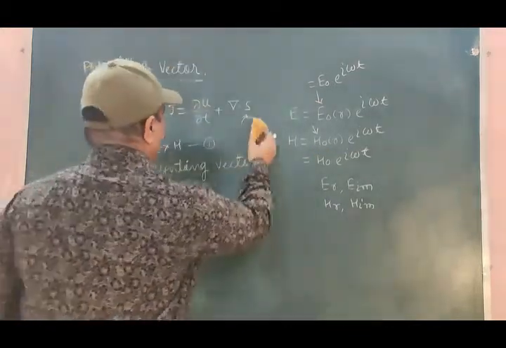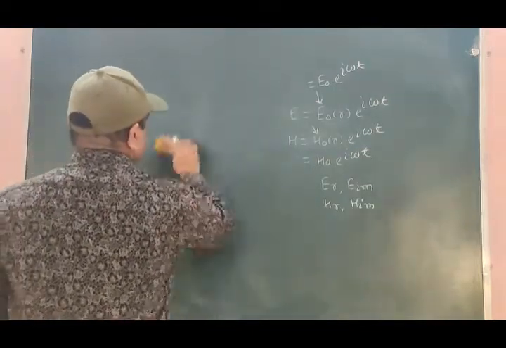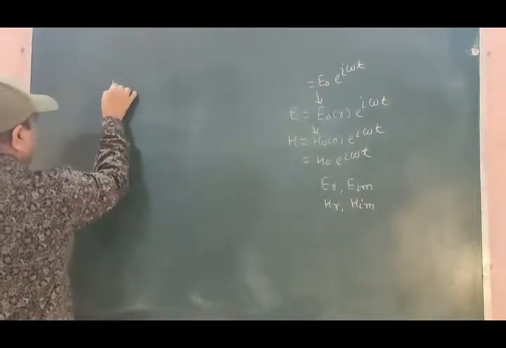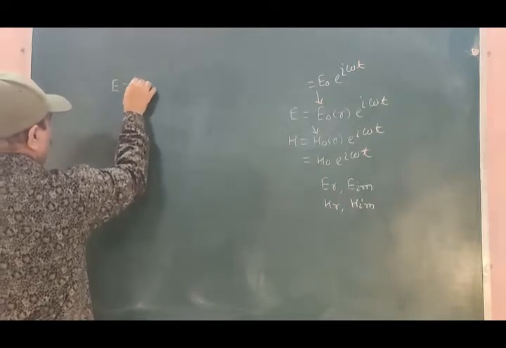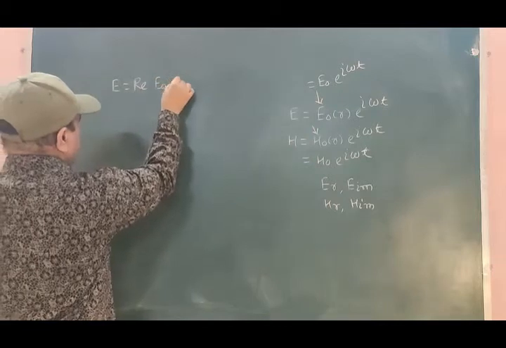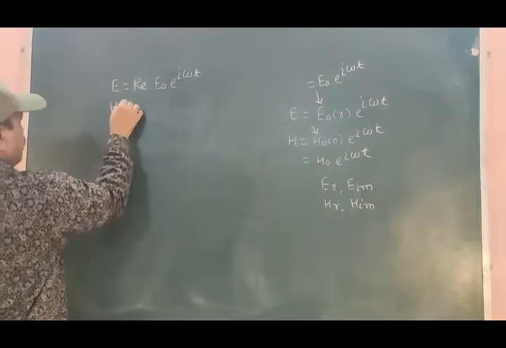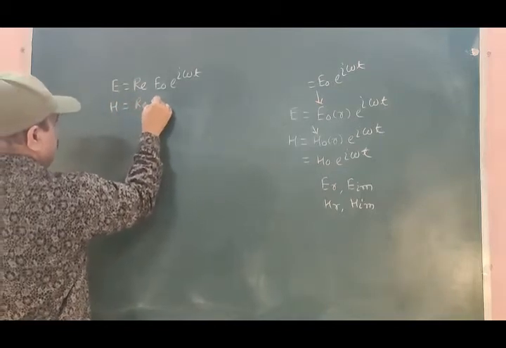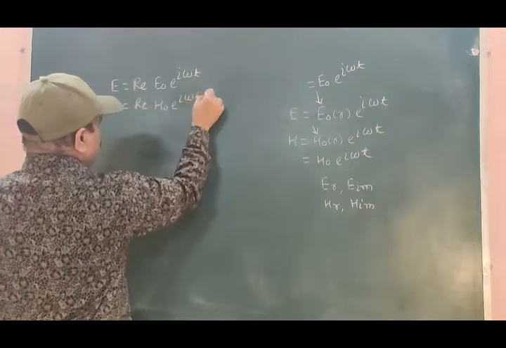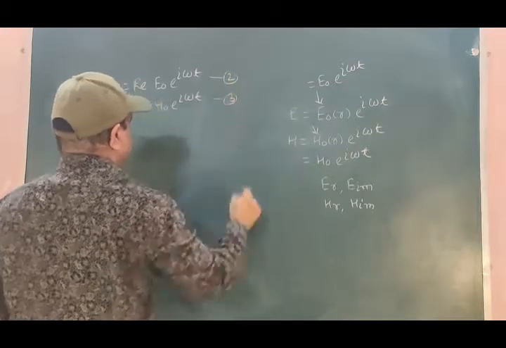And therefore, what we need is the real part of E. E is equal to the real part of E0 e to the power i omega t. For H we need again the real part of H0 e to the power i omega t. Let me call this equation number 2, this equation number 3.